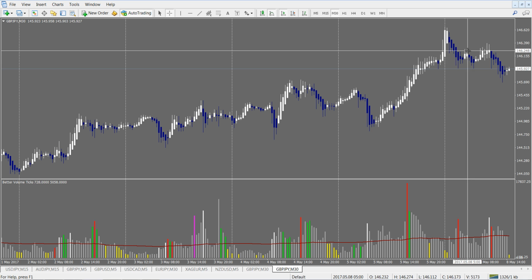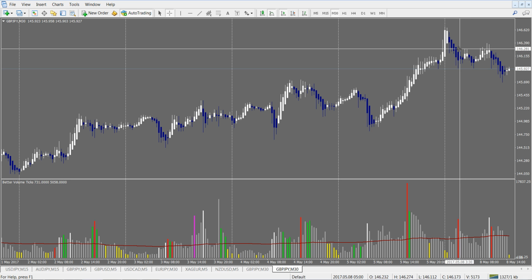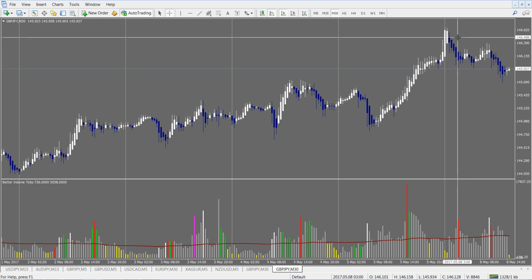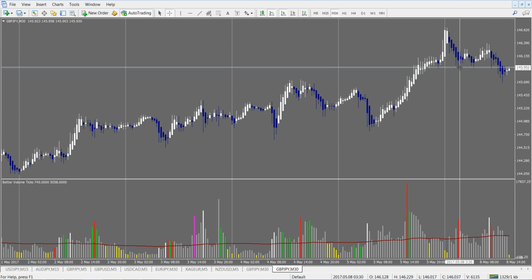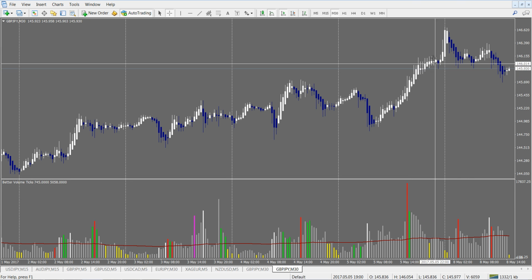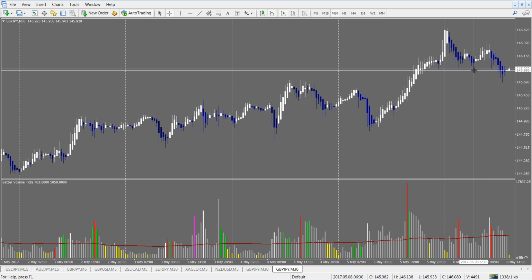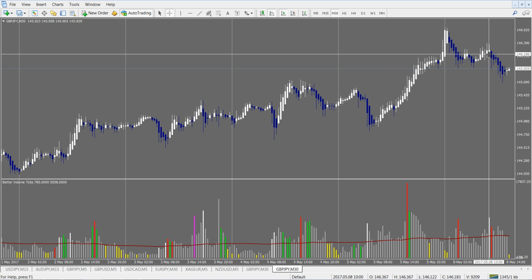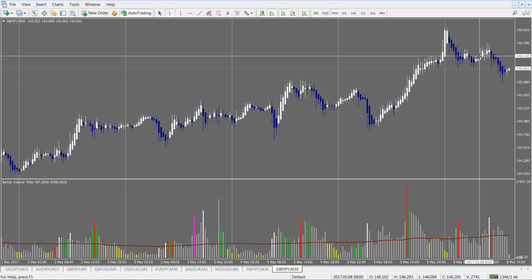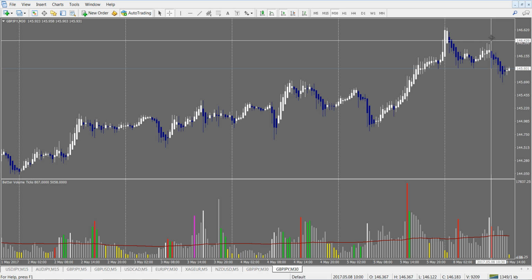But in this case, what I would look for is, okay, there's some kind of support, some kind of demand here from last week's accumulation, and then no real effort to push through. But then they hit the highs and some supply came in, quite a lot of supply.